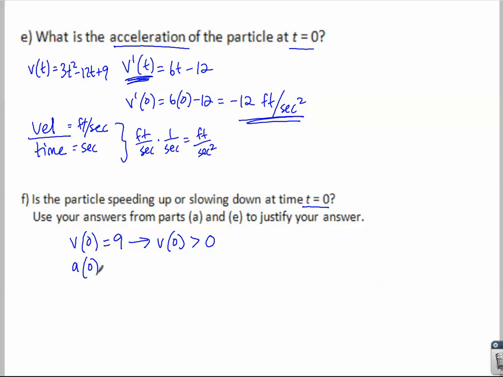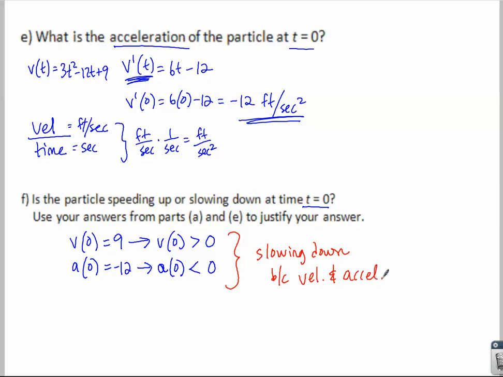What was the acceleration at time 0? Well, we just found that here. It's negative 12. I don't really care that it's negative 12. What I care about is that the acceleration at time 0 is less than 0. So I see the velocity and acceleration have opposite signs. Therefore, slowing down. The particle is slowing down because velocity and acceleration have opposite signs.